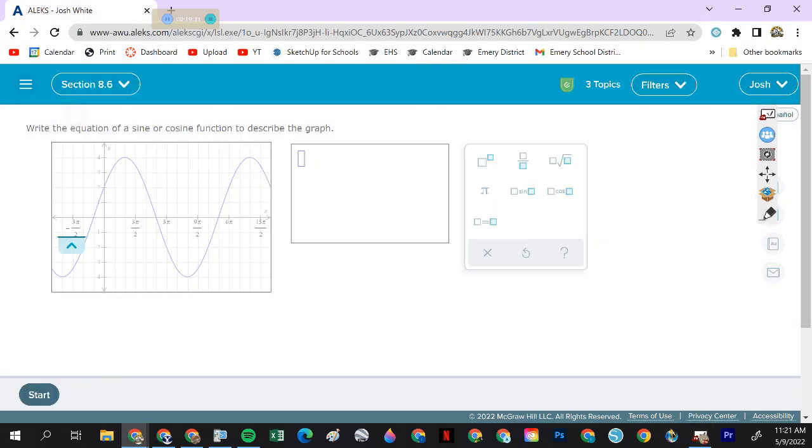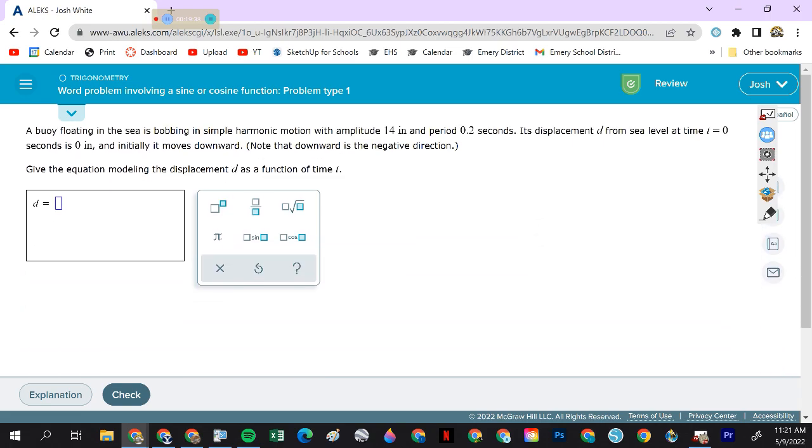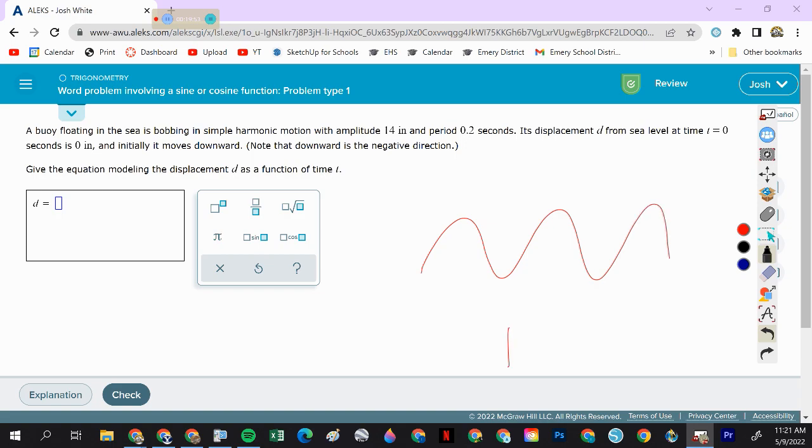Let's look at this problem. So here, it's just a description of the graph instead of giving you the graph. So a buoy floating in the sea is bobbing in a simple harmonic motion. That just means if this is time and this is height, the buoy is going to be moving up and down as the waves come, right?